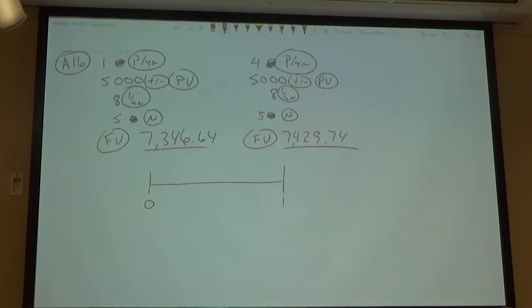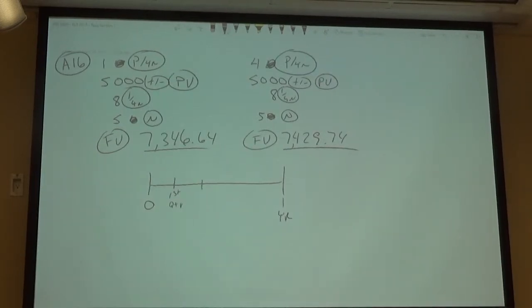So this is 1 year, but over that 1 year we have, let's say, first quarter, second quarter, third quarter, and fourth quarter. I'm only doing it for 1 year just to illustrate the concept.